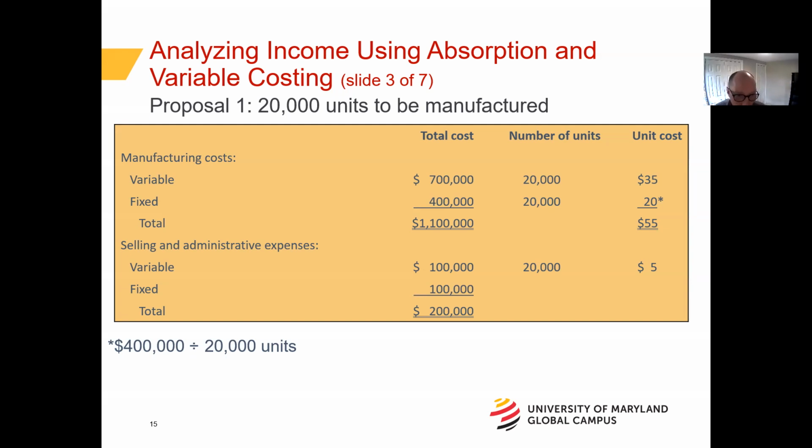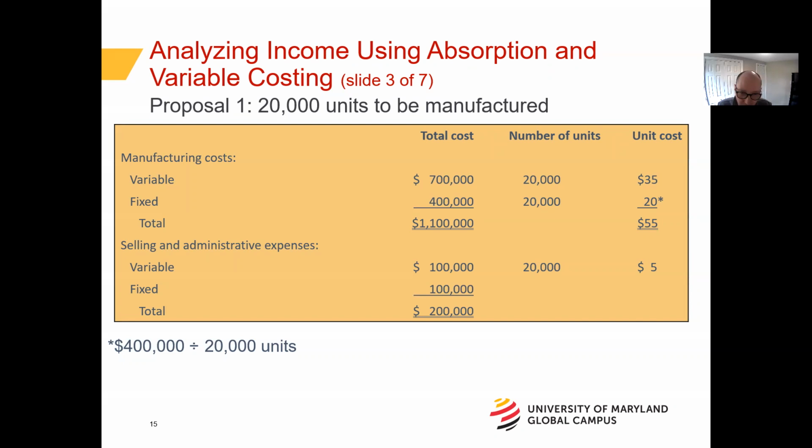Then, of course, we have our selling administrative expenses. Variable selling administrative expenses, $100,000. It's $5 of commission per unit at 20,000 units sold. And we have fixed selling administrative expenses of $100,000. That includes office salaries. It might include shipping. It might include advertising and promotion, whatever, right?